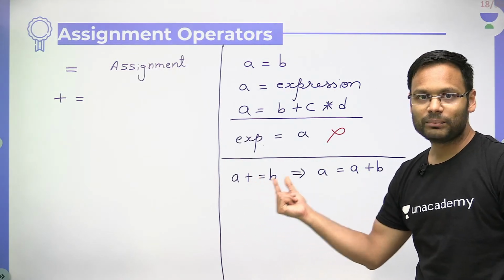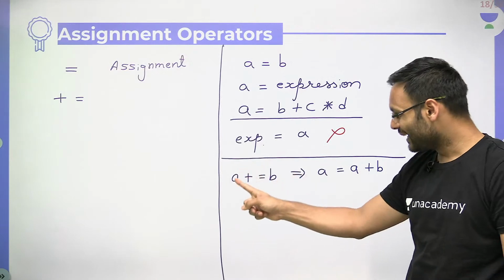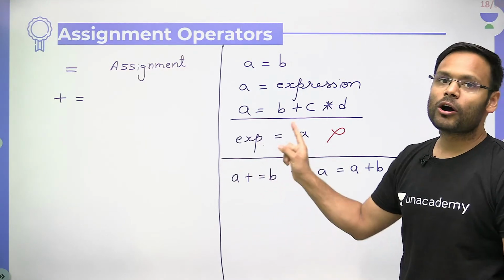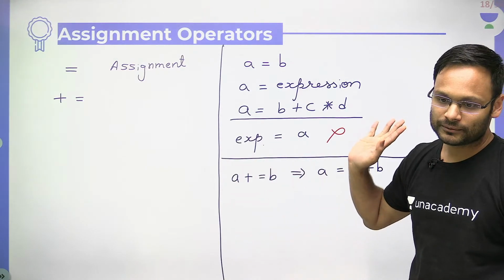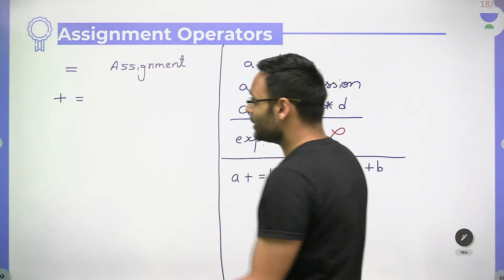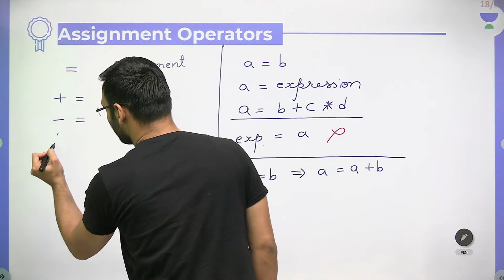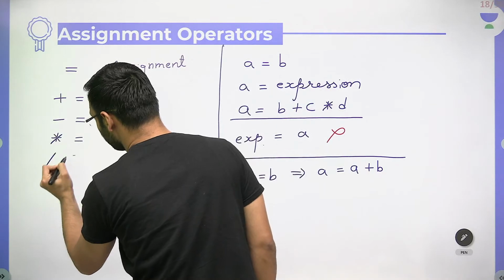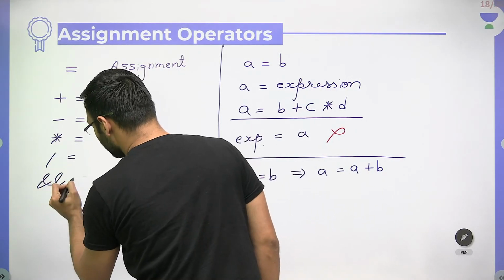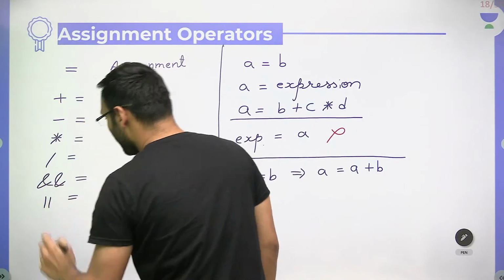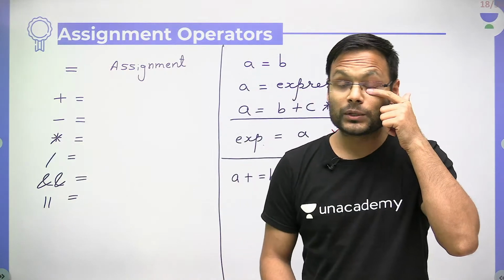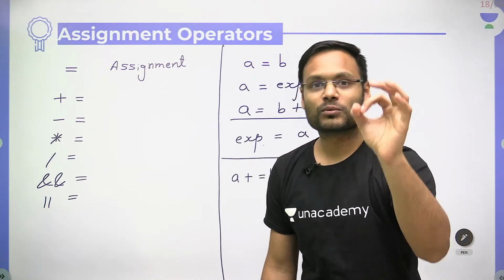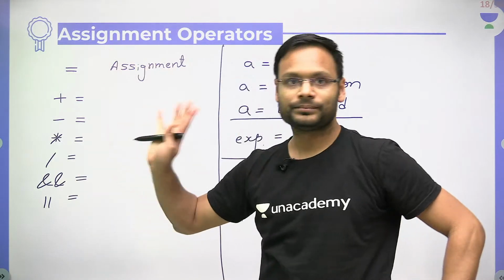A plus equal to B means A equal to A plus B. First of all, in A, add B and copy the result in A itself again. Fine. Similarly, minus equal to, multiplication equal to, division equal to, and equal to, or equal to, and all the binary operators which we have seen previously. All those binary operators you can use here.